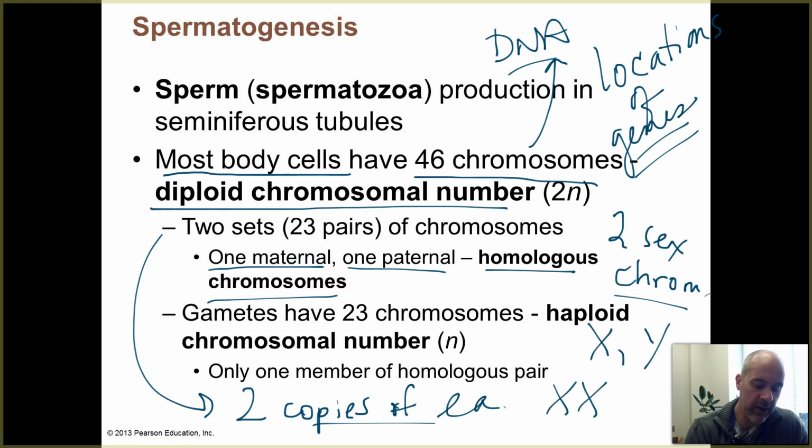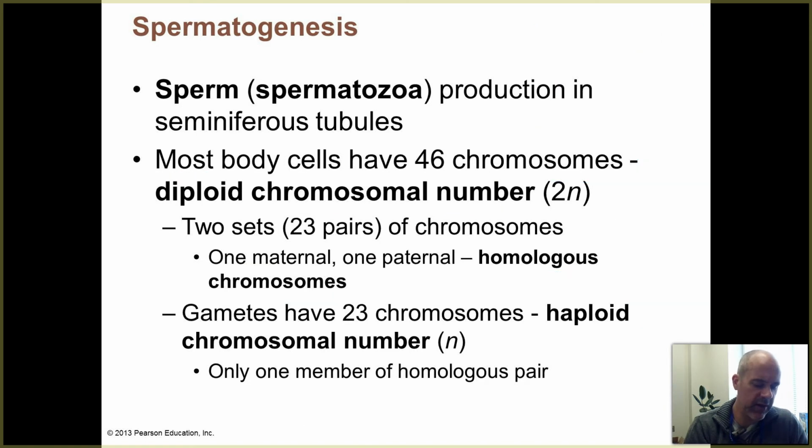If you inherit 2 X chromosomes, one from mom and one from dad, you're going to be a female. If you inherit an X chromosome from mom and a Y chromosome from dad, you're going to be a male. And then that makes up that last pair of our 46 chromosomes. All right, so that's what's going on in the vast majority of cells in your body.